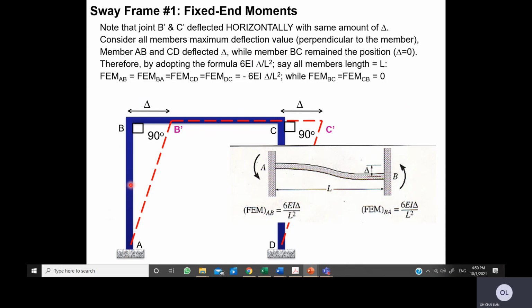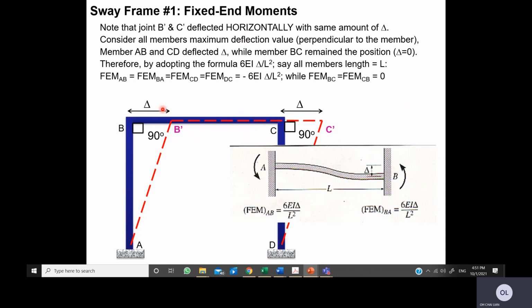Meaning that for AB, just place AB exactly like a beam here, and you will find that delta is happening at B to B prime. Similarly for CD, place it exactly like a horizontal beam here, and you will see the deflection is CC prime. But for BC, there is no deflection.